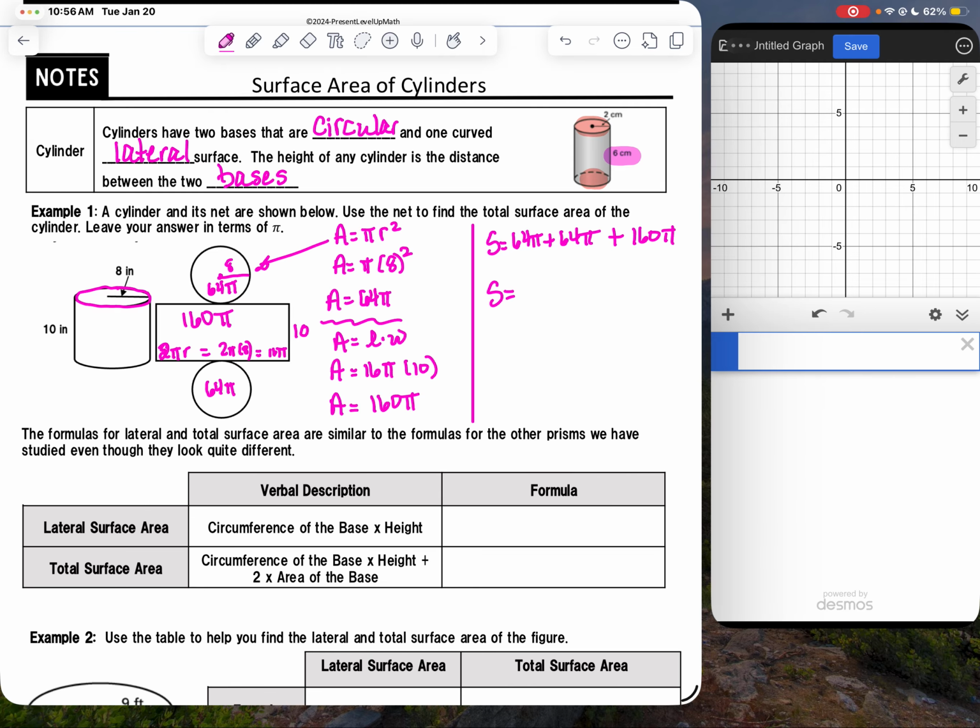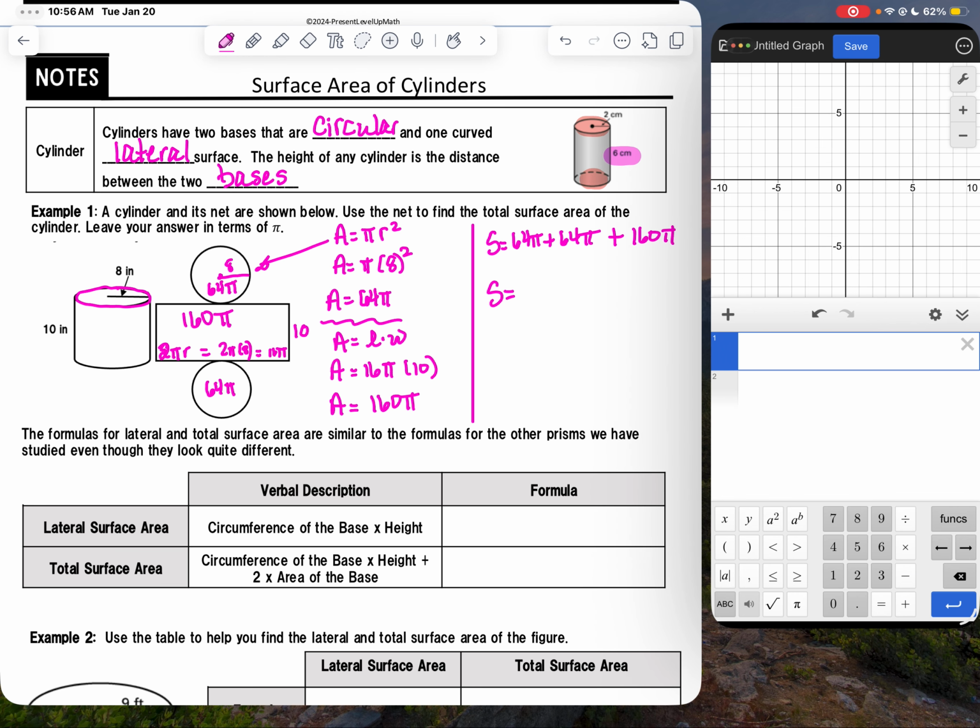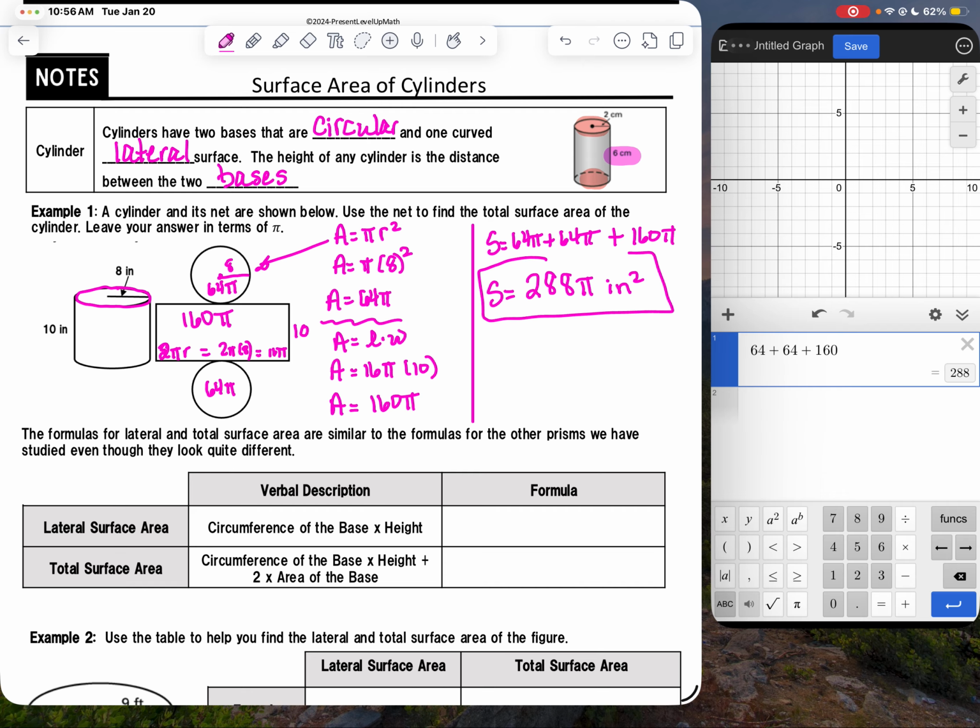So I'm just going to combine like terms here. 64 plus 64 plus 160, and that gives me a total of 288 pi. Remember, we're leaving our answer in terms of pi, so we're not converting it to a decimal. And our units would be inches squared. So there's our total surface area.